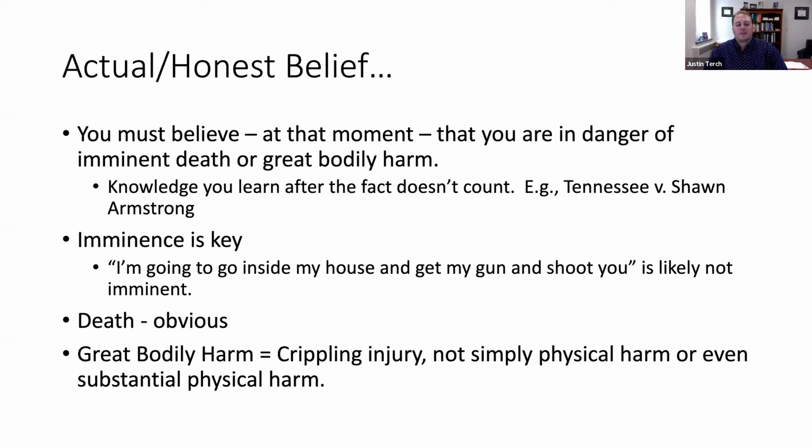The key aspect of this is imminence. So somebody saying, I'm going to go in my house and get a gun and shoot you is not an imminent deadly threat. If they have the gun and say, I'm going to shoot you, then it likely is. So the definition of death is pretty obvious. It's likely to cause death or great bodily harm. So in most states, the general definition is crippling injury, not simply a physical harm or even substantial physical harm.